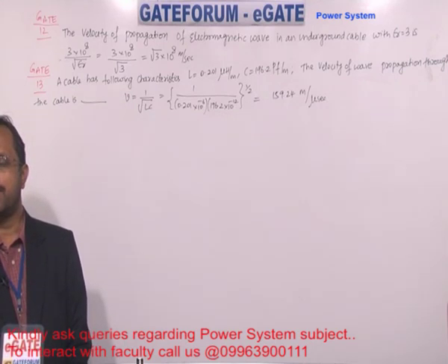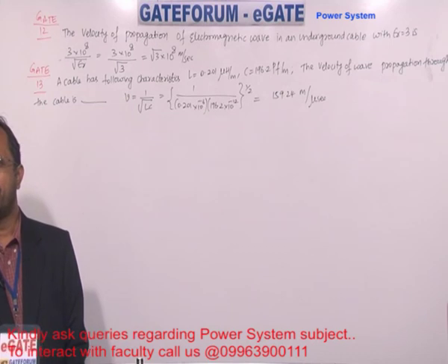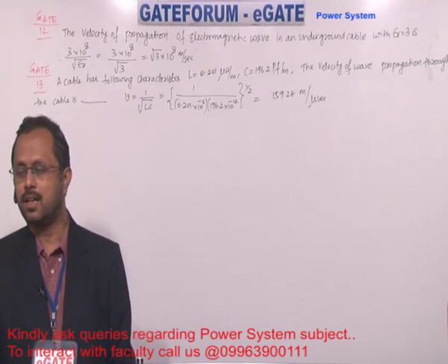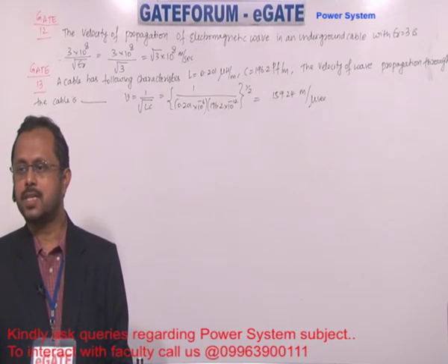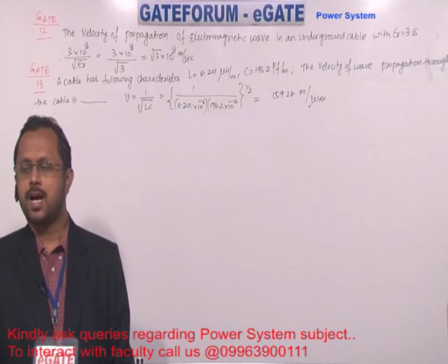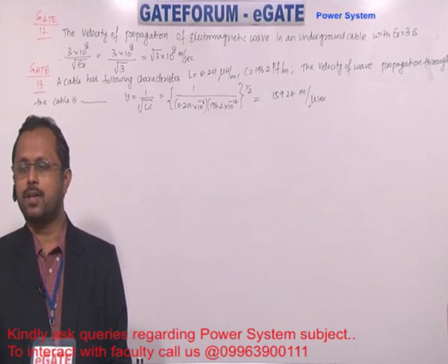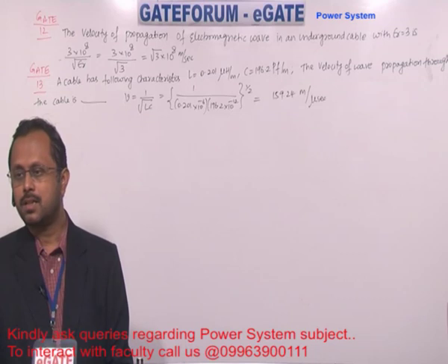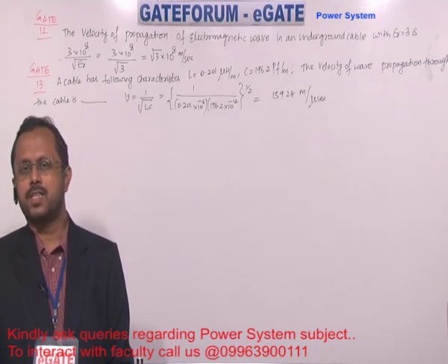Definition-wise, both are different, but formula-wise we get the same. Ideally, you don't have any separate value for Zs or SIL. So we treat it the same as characteristic impedance and substitute the same value for surge impedance. Definition-wise they are different, numerical-wise both are the same value.